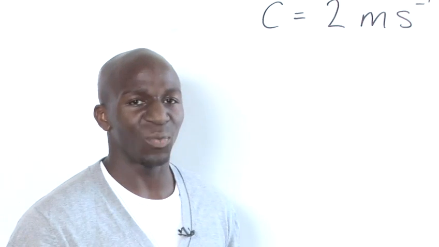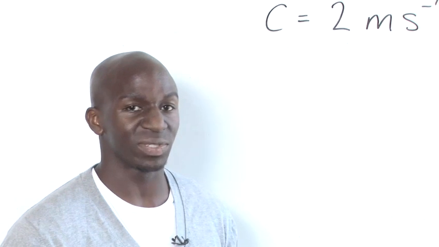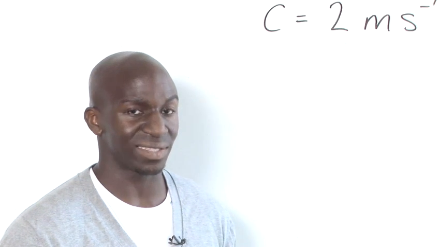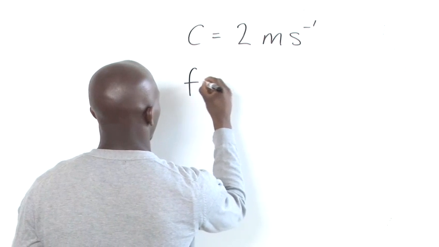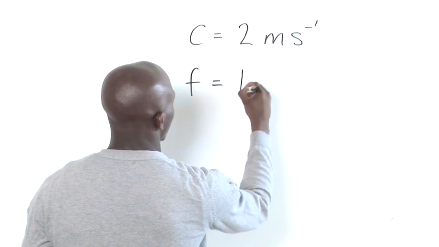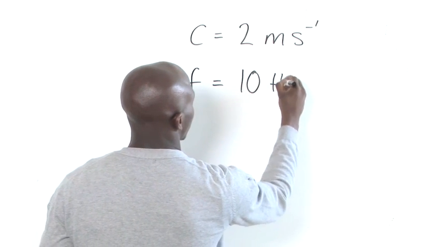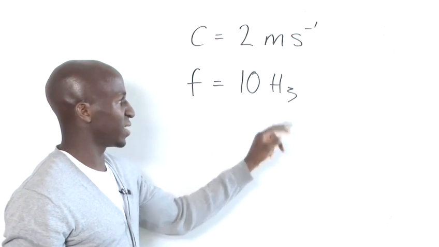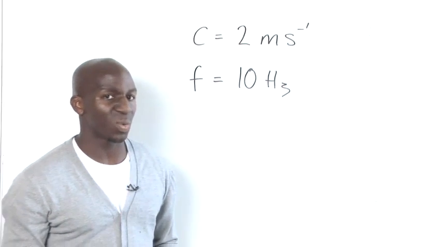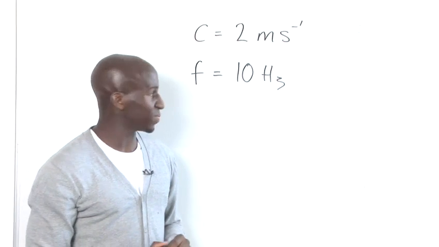Okay? And we note that the frequency of this wave moves at 10 hertz. And that is the symbol for hertz, Hz. Now we would want to calculate the wavelength.